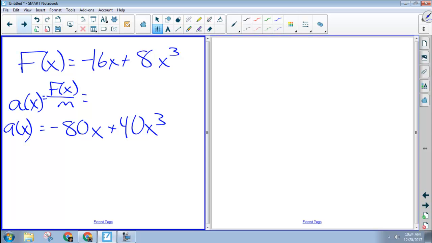Is everybody good with that? Okay, so suppose I wanted to know the velocity at a certain point. Could I just take the derivative of that and then have an expression for velocity? I keep saying derivative.